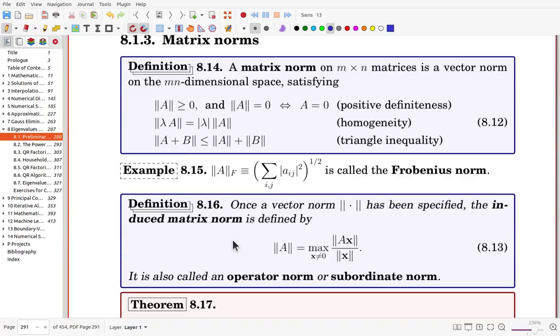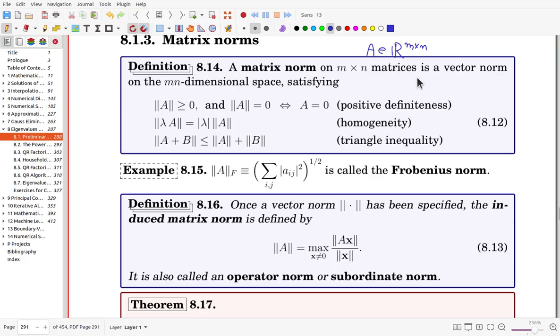Now, matrix norms. Matrix norms are a natural expansion of a vector norm. For a matrix A with dimension m by n, we consider it in R^(m by n). Then it has m times n entries, so a matrix norm can be considered as a norm defined on an m by n dimensional space.